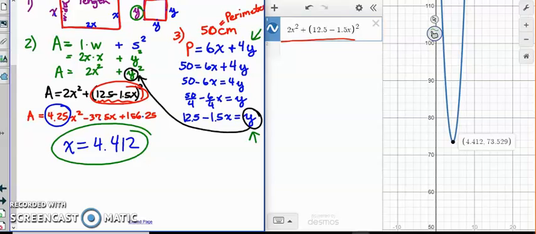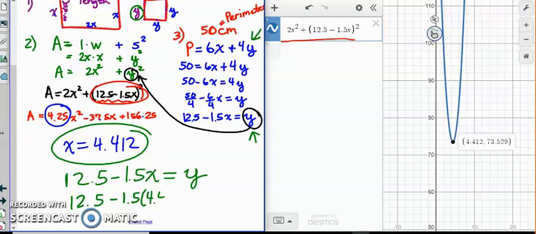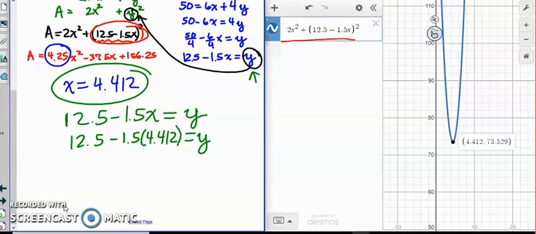And we have one extra step that we're going to end up doing here because it's in the problem, so we have to make sure we do that right. So we have the y. We're going to substitute that 4.412. And if you did it in a graphing calculator too, you should still have that. And when I have the time, I'll go back and do a video for that portion of it so you can see it too.